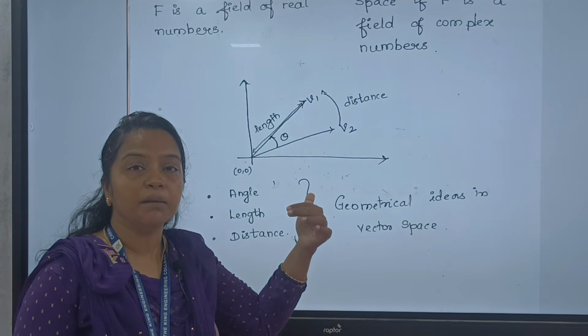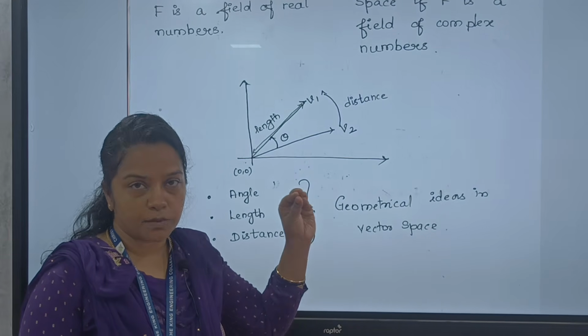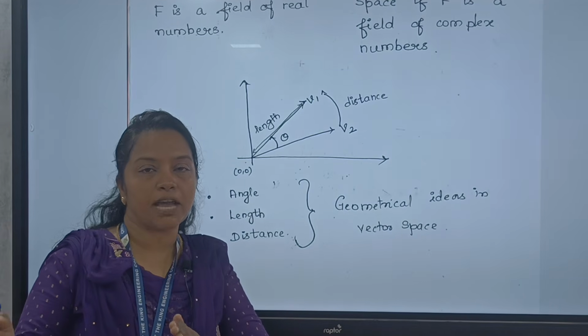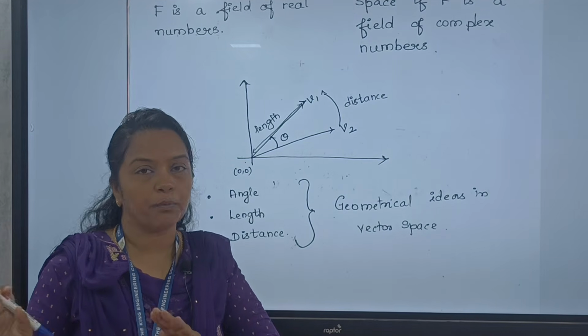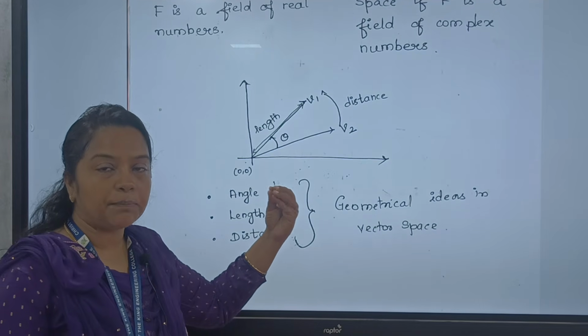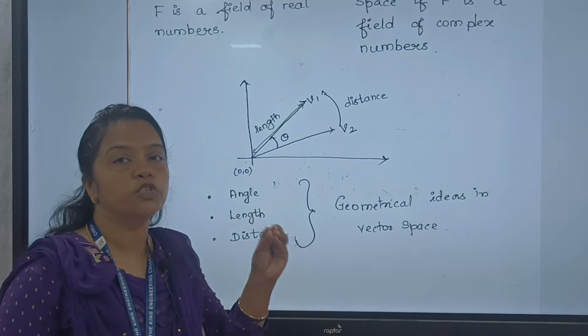This is the main application, the geometrical representation of the inner product space. Vector space deals with the basic addition, subtraction, multiplication, that is the dot product, and in the inner product space, the application is to find the angle, length and distance of vectors.